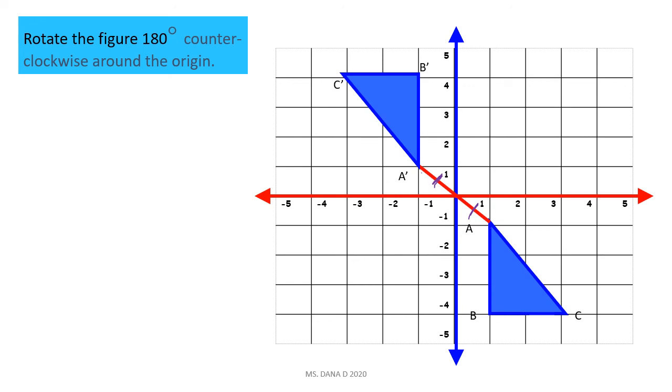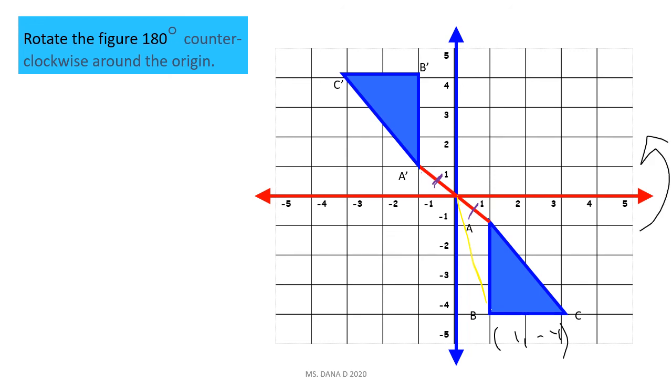Let's show you how. B, if you take B to O, I'll stop here, then I'll think, so from B to O I have to go up the same distance. Since I have it as (1, -4), I know that I'm moving from my fourth quadrant to my second quadrant, so it is going to be counterclockwise.